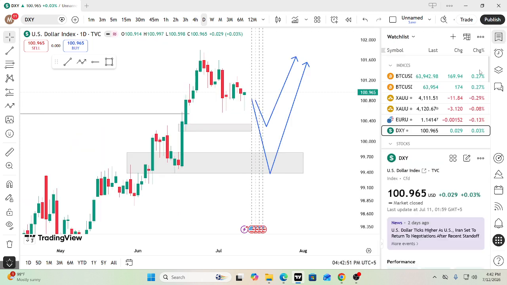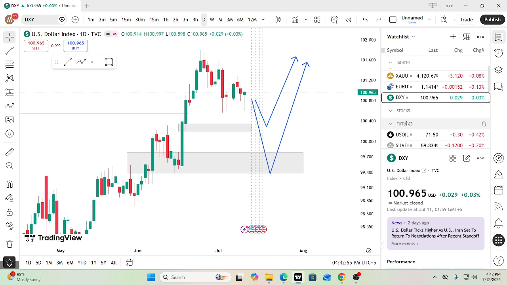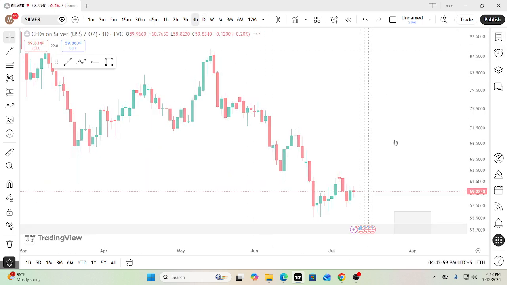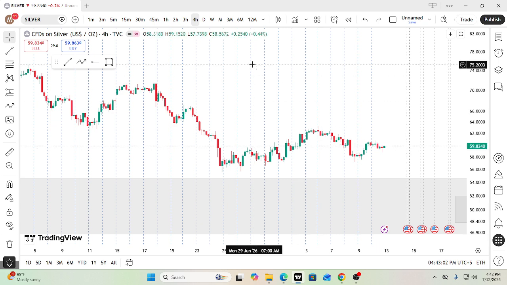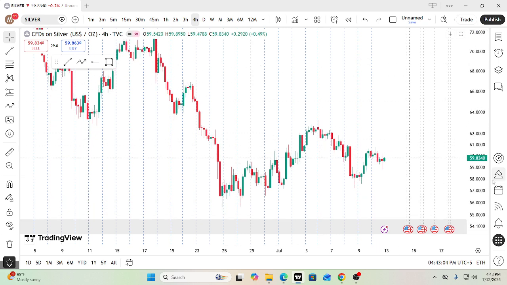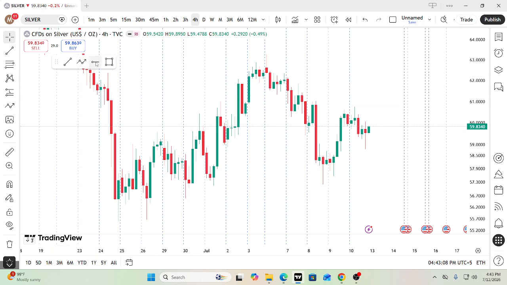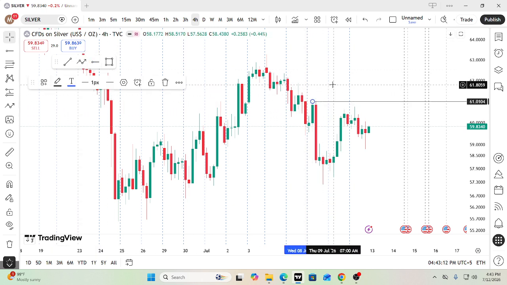So we have discussed BTC, gold, Euro USD, and now we move to the chart of silver. The chart of silver is also similar to the chart of gold and Euro USD. For silver to go up, this is the supply area, which is 61.